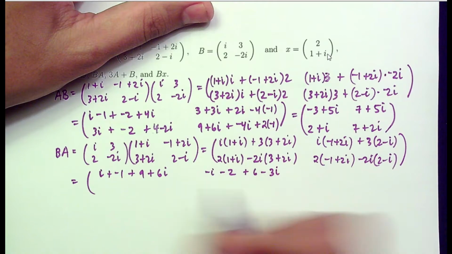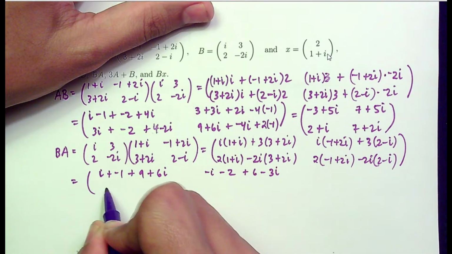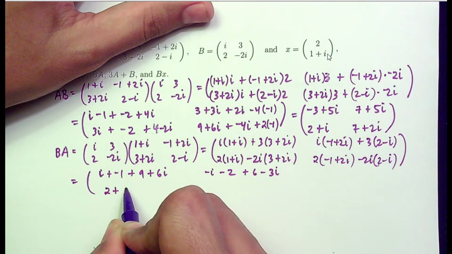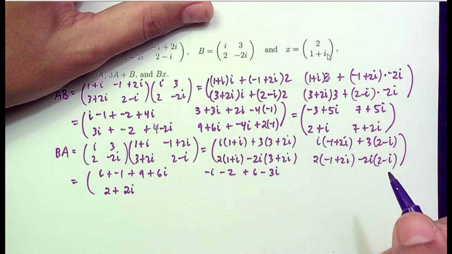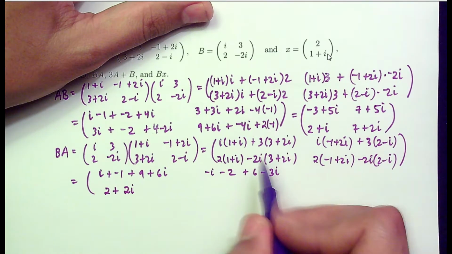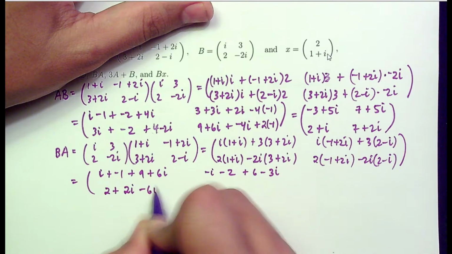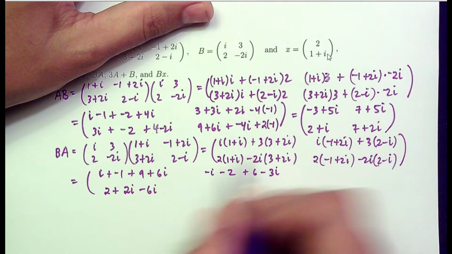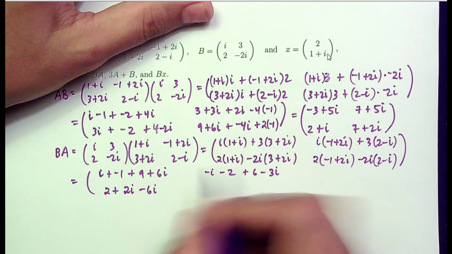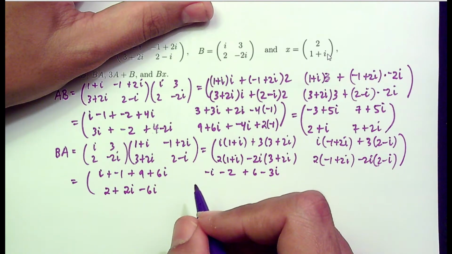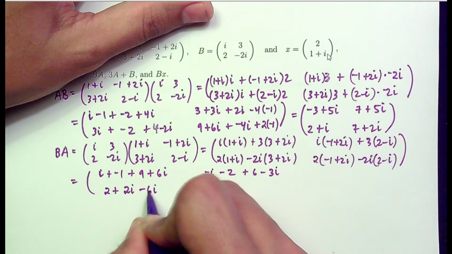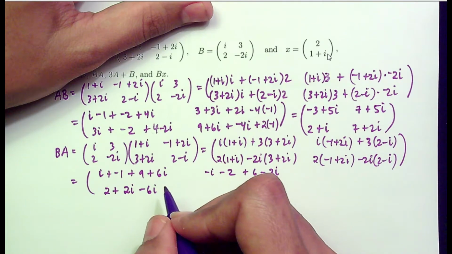Now to that corner, that would be 2 plus 2i minus 6i plus 4 minus 4i squared. i squared is negative 1, so you would have minus 4 times negative 1.